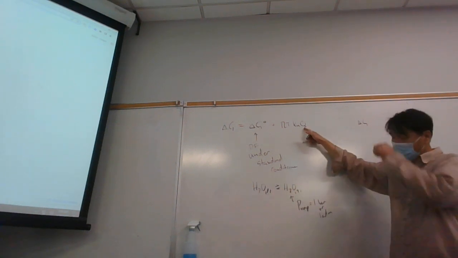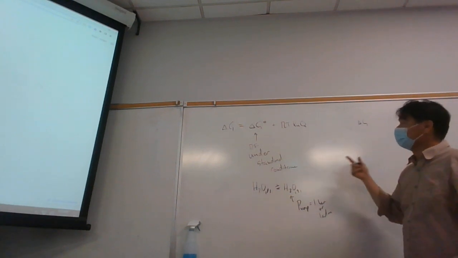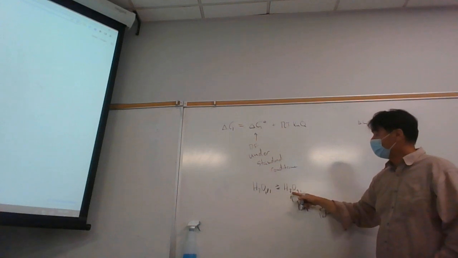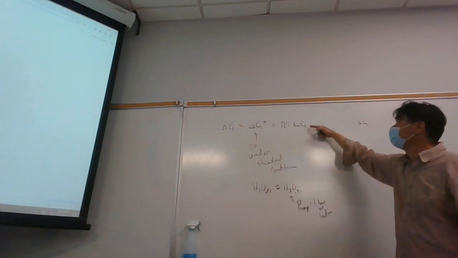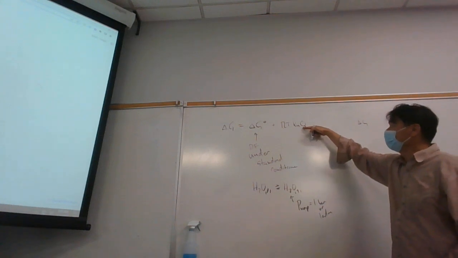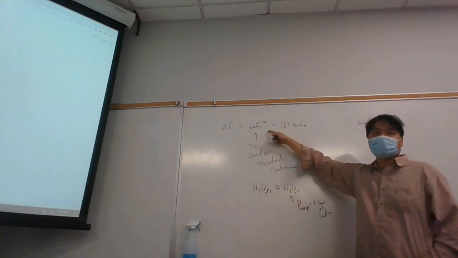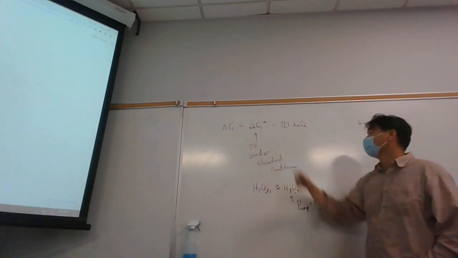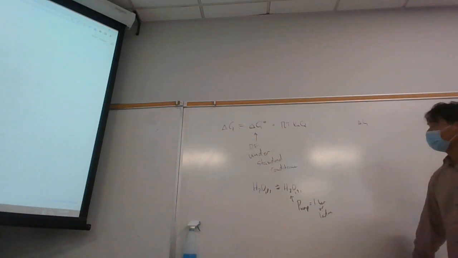So in this case, Q would be the products under standard conditions would be 1, and the reactant was just liquid water, which would have an activity of 1. So this would be ln 1, ln 1 is 0, and delta G is just equal to delta G naught under standard conditions.